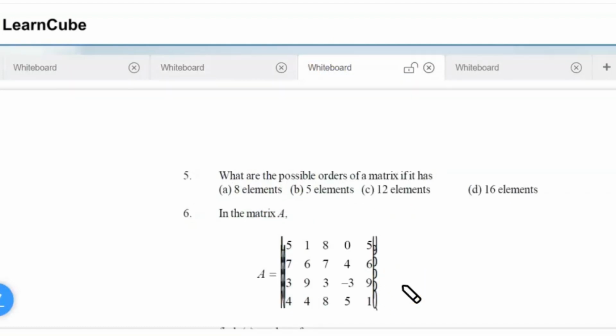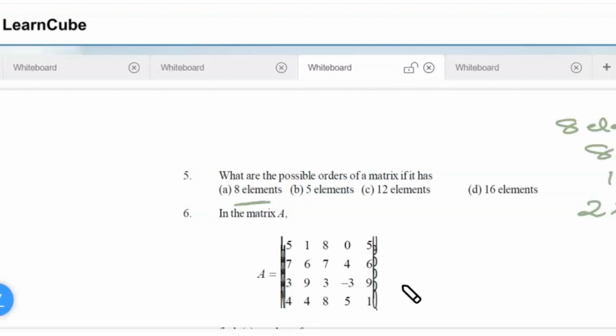What are the possible orders of a matrix if it has 8 elements? So we have to find out the possible orders for an 8 element matrix. First let it be 8 into 1 and 1 into 8. These are the two possibilities. Now when you do the factorization of 8, 2 4s are 8, 2 2s are 4. Okay.